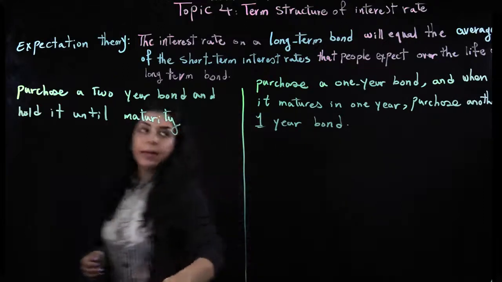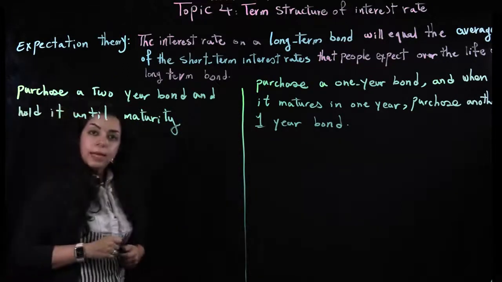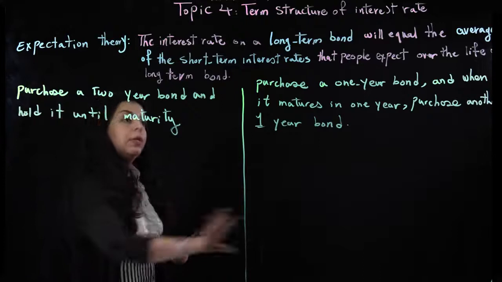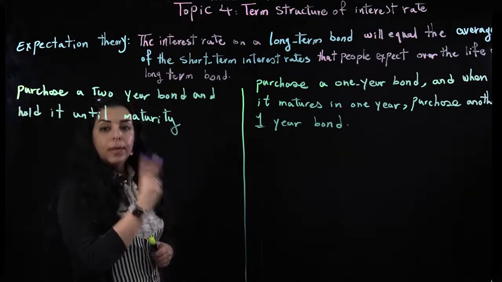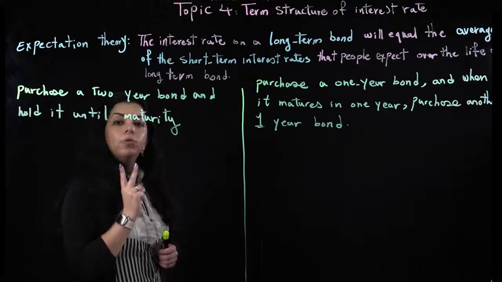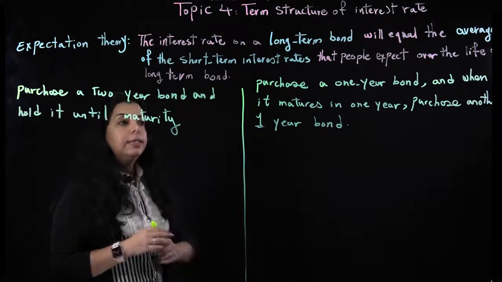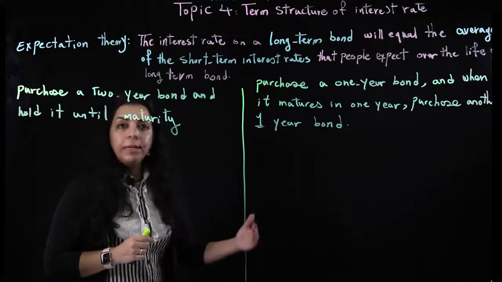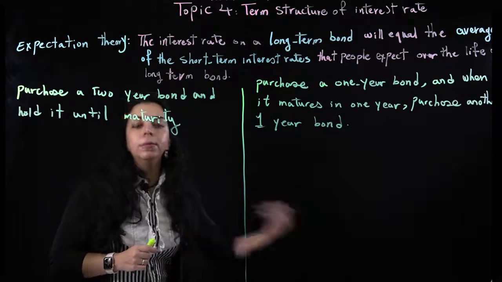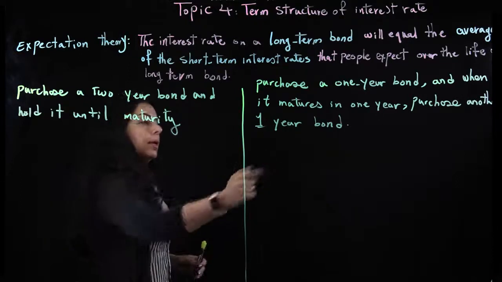So the first scenario is, imagine that the whole story is that we want to buy a bond for 2 years. If we want to buy a bond for 2 years, we have 2 options. The first option is that we buy a 1-year bond. After 1 year, when it matures, we buy another 1-year bond. So this is the first scenario.